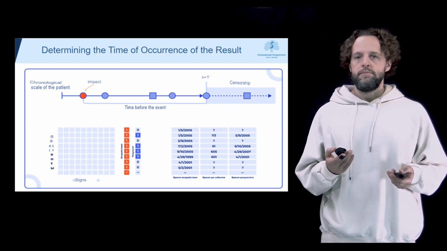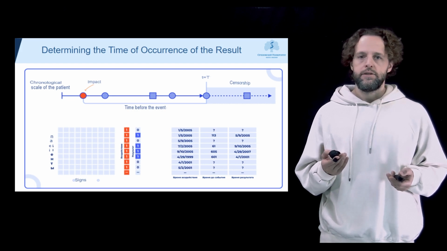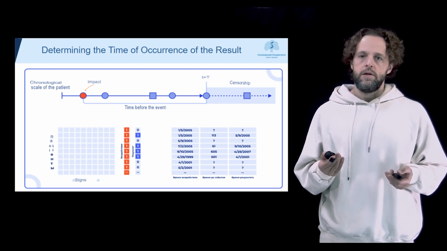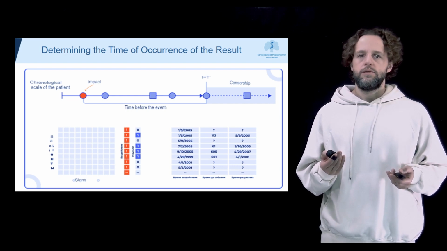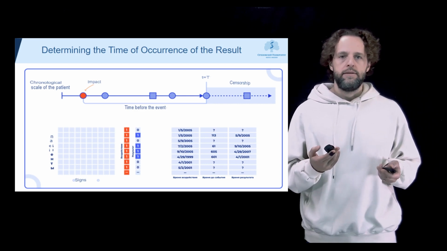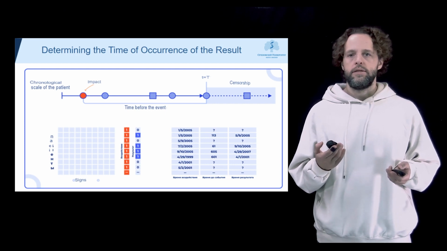That is, at a given point in time there will be some patients who have not yet reached the outcome. One possible solution is to use a special code that we will write as T, which means the outcome has not yet arrived.